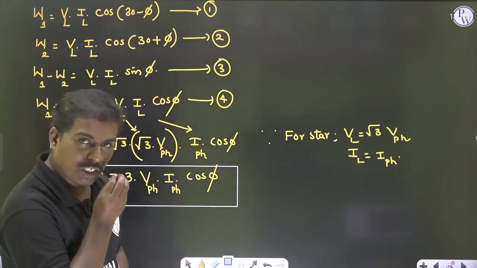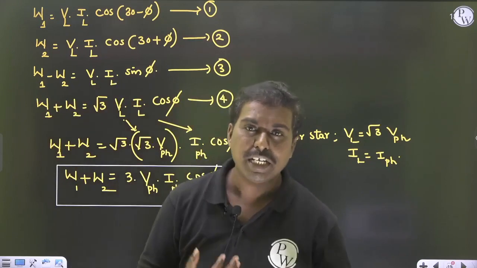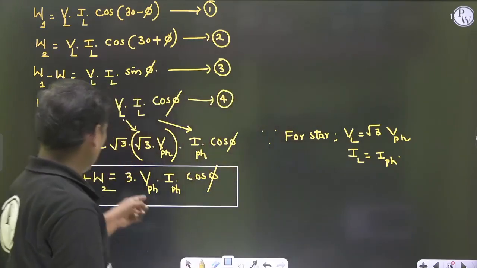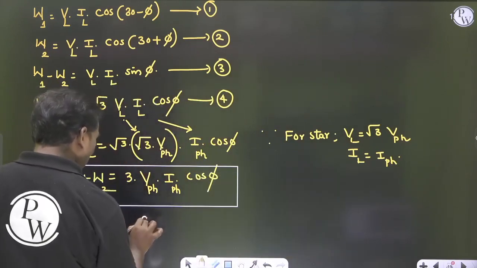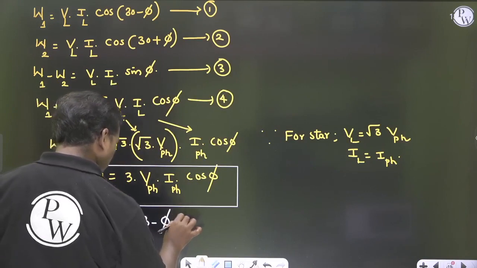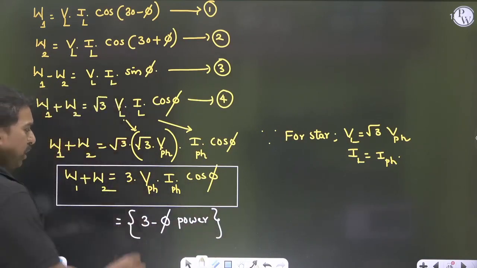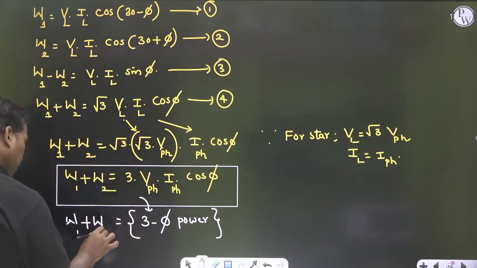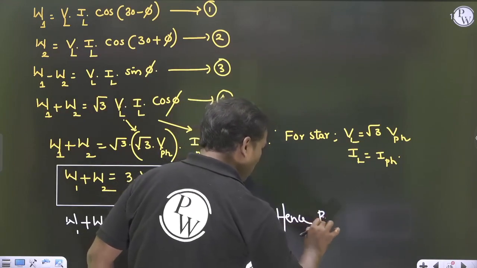Actually, the reading you get by 2 wattmeters is equal to the reading of 3 wattmeters, yes or not? So this is nothing but the 3 phase power. So Blondel's theorem is proved.